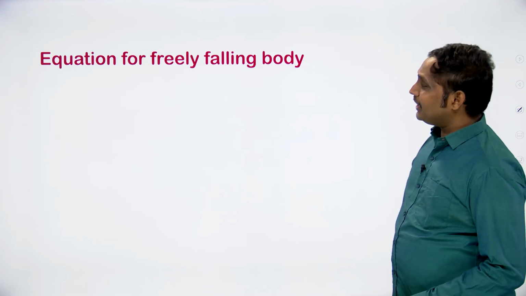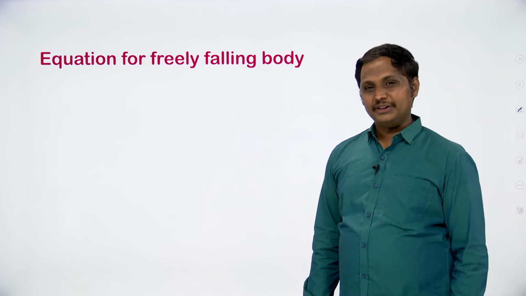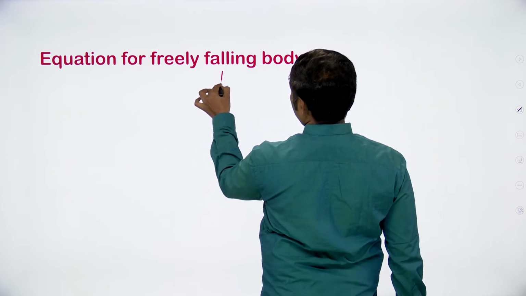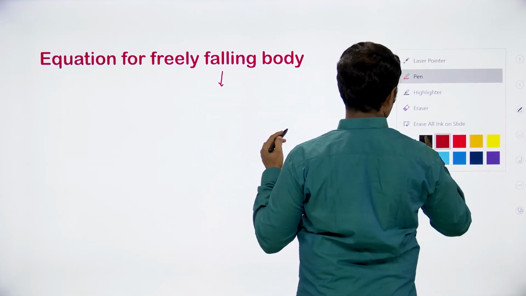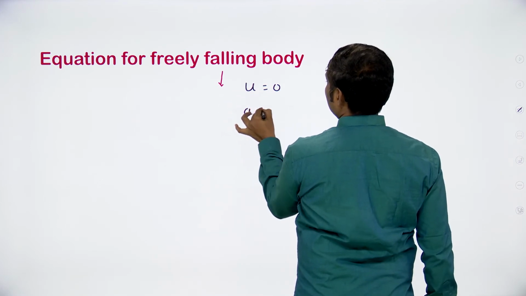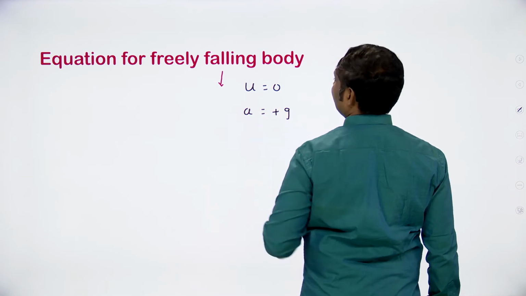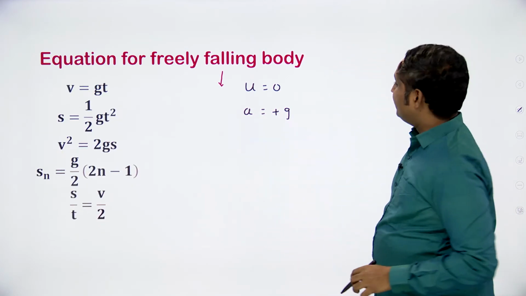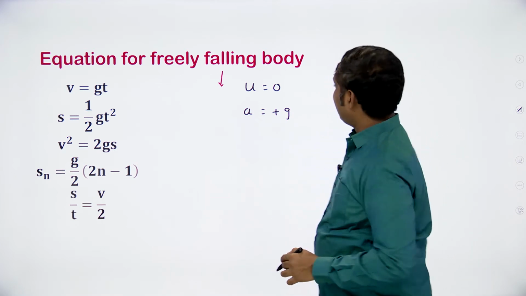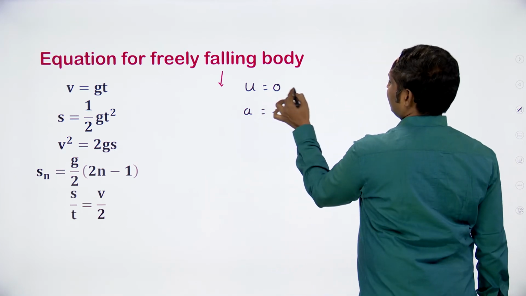In case of a freely falling body, we would like to see what happened. Here u is equal to 0 and a is equal to plus g. So, the equations are going to be, yes, it has started from the rest.